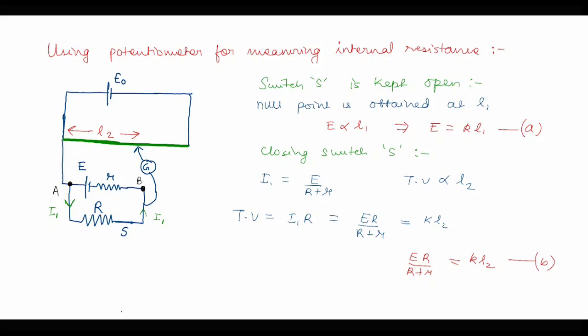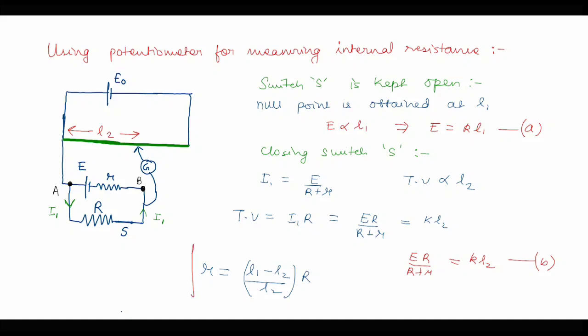Now from the first equation we have E equals K L1, and over here we have E R upon R plus r equals K L2. So if we solve equations A and B, we establish a relation for the calculation of small r, where we get that small r is equal to (L1 minus L2) upon L2 into capital R. So this is the formula which we were looking for.